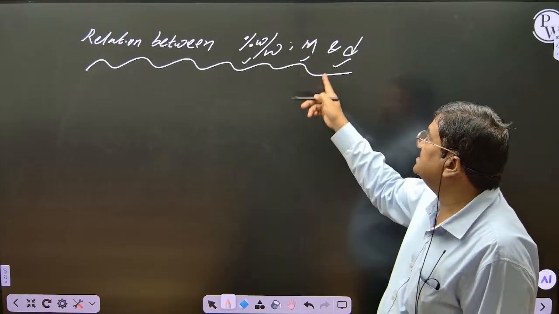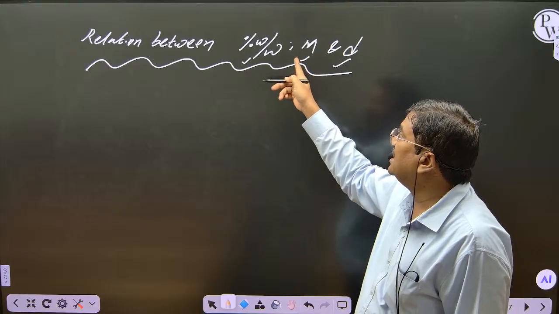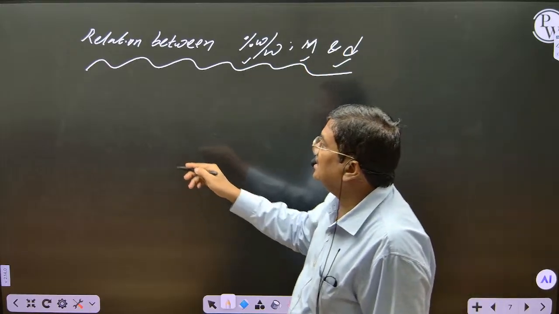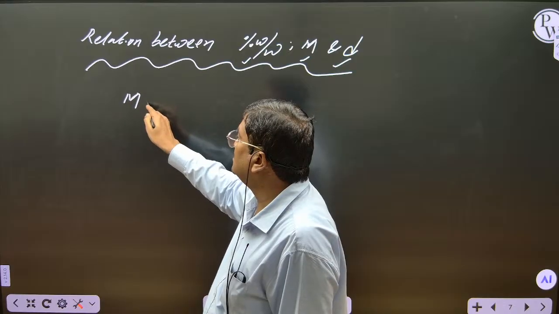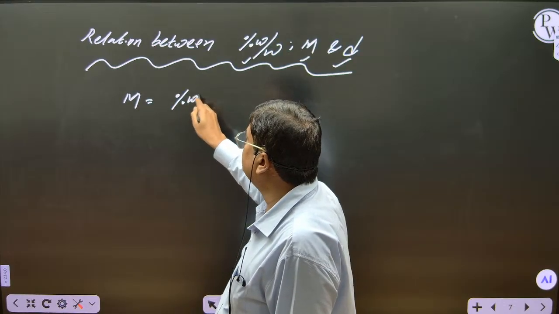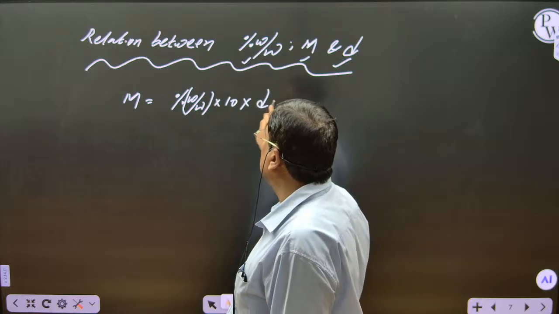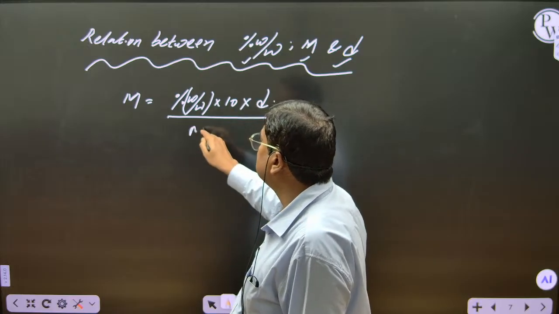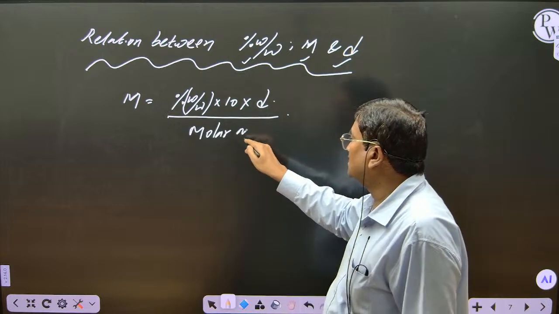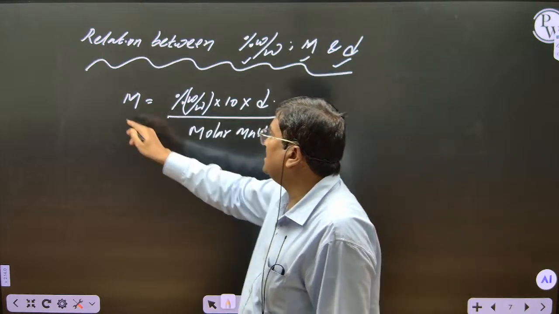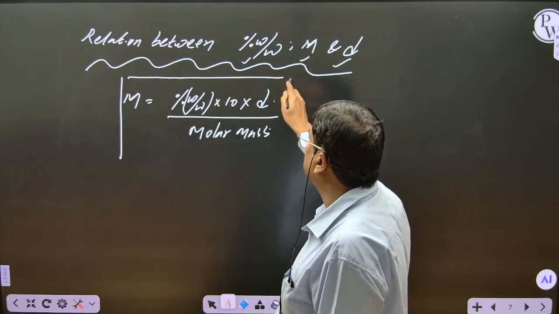See, density given, molarity they will ask, mass percentage given, and there is a relation: molarity is equal to mass percentage into 10 into density upon molar mass. This is the relation for molarity. Keep it in a box.